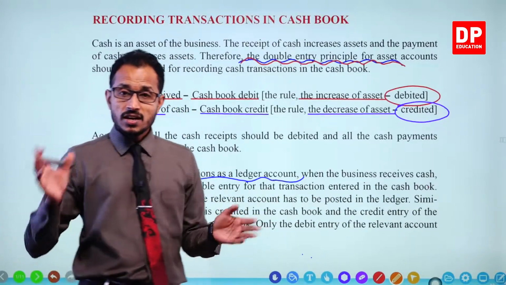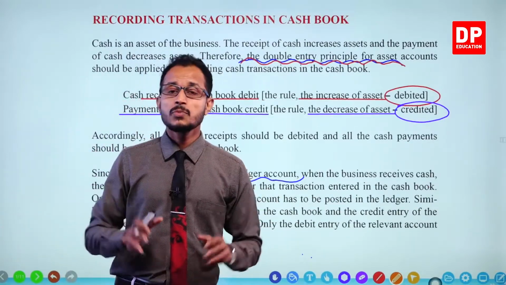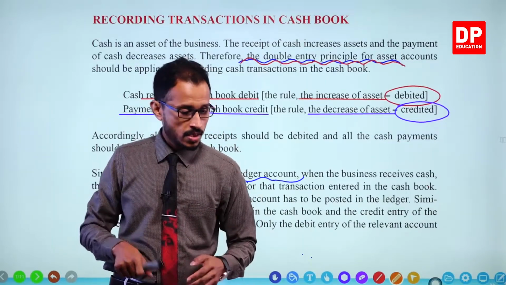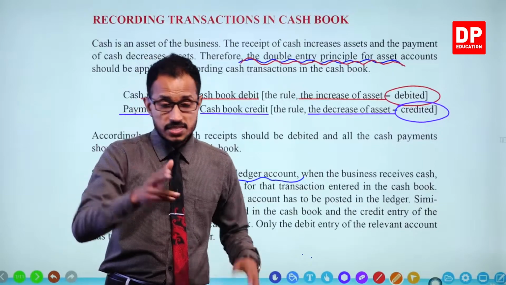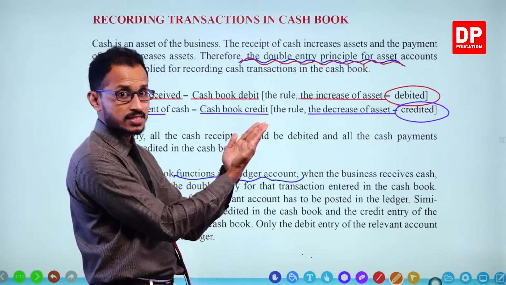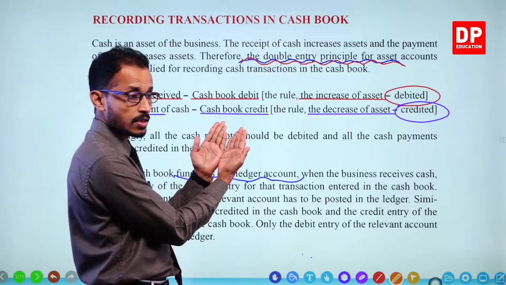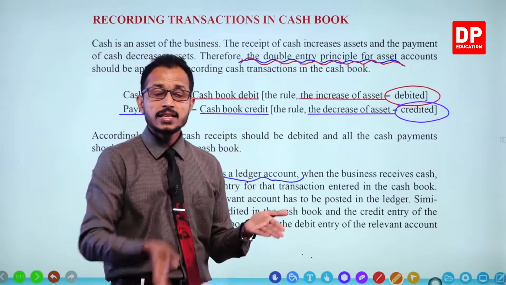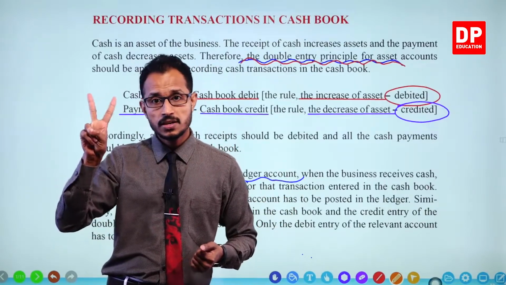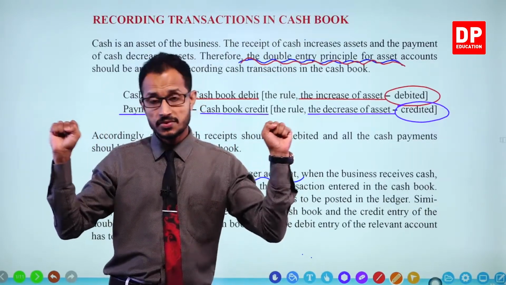When the transactions are recorded in other prime books, the transaction is recorded then and there when it occurs, and then that transaction is transferred to the ledger as a double entry. But in the cash book, no double entries.